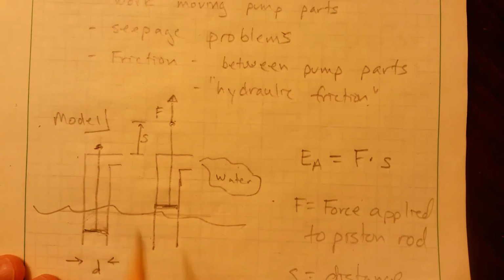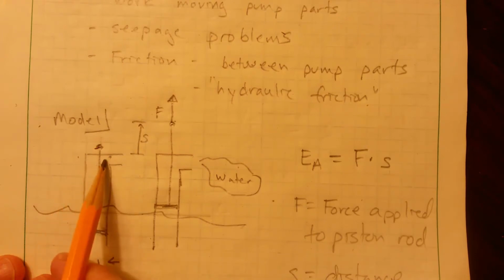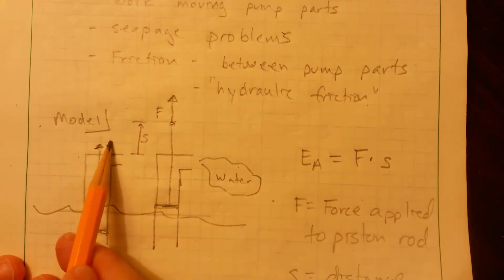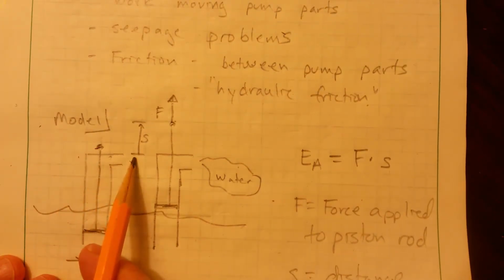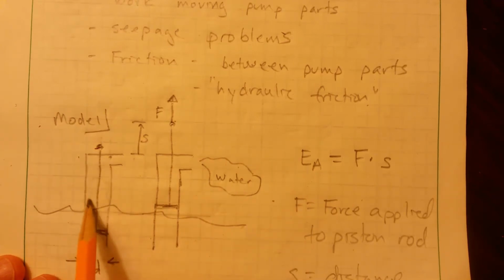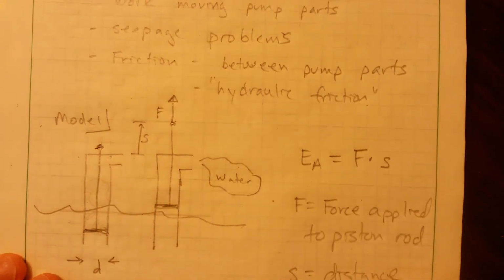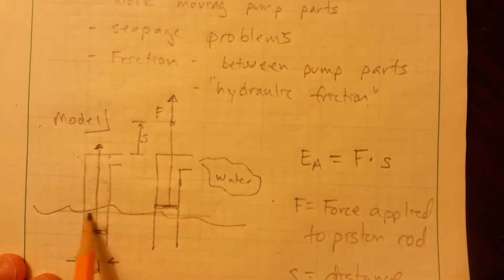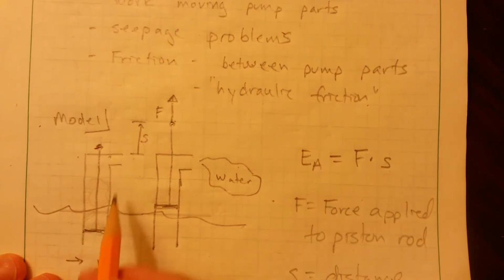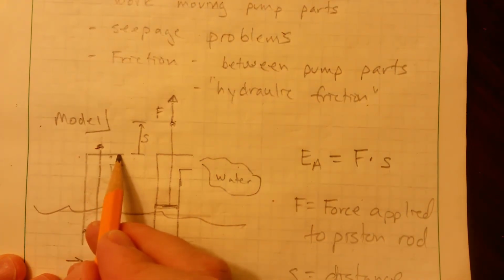The other thing that's going on here is that a particle of water right here at the very top doesn't have to be lifted hardly at all to get out. But the water that's roughly here in the middle all gets lifted a distance height S. So it doesn't take any work to lift this water, and it doesn't take any work to lift the water that's already at the very top.